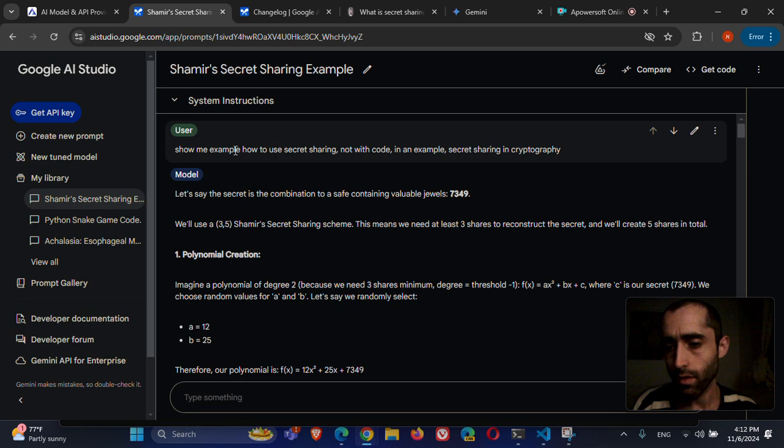So secret sharing is, if I have a secret, for example a password, I can use some methods to divide the keys to unlock the secret between different people, different shares.